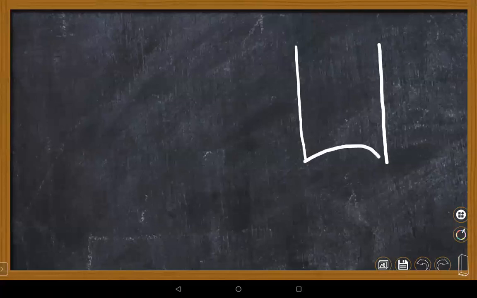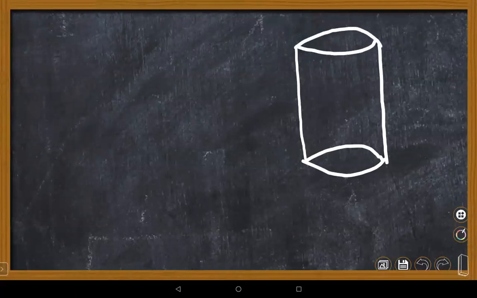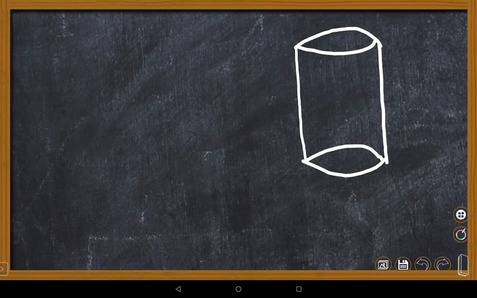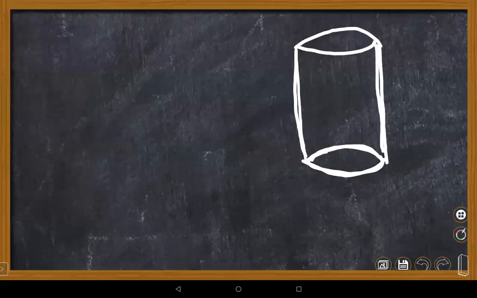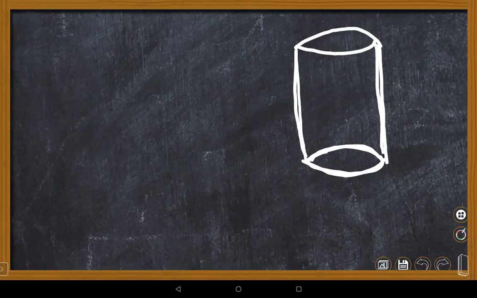We know the LSA and TSA of a cylinder. A cylinder means you have two circular faces and one curved face. If you want to take the LSA, you go with the curved part only, children. You need not include the circular regions, top and bottom.